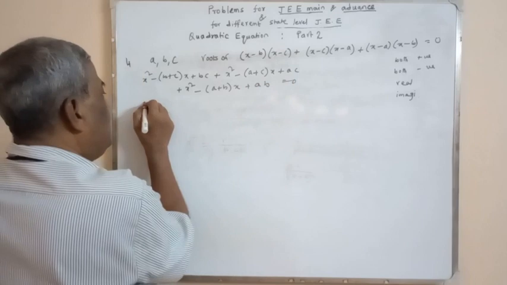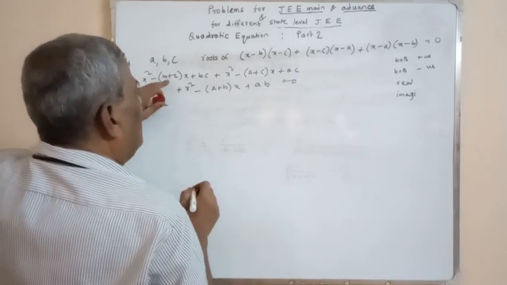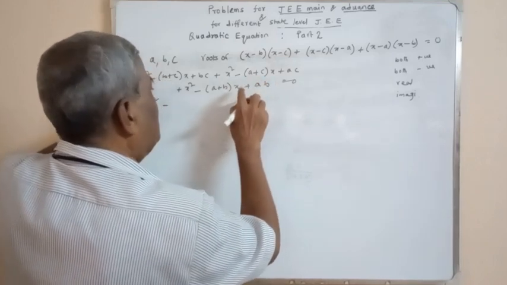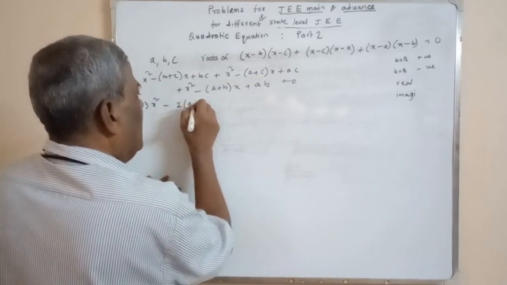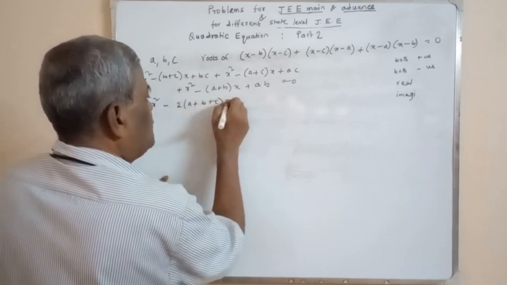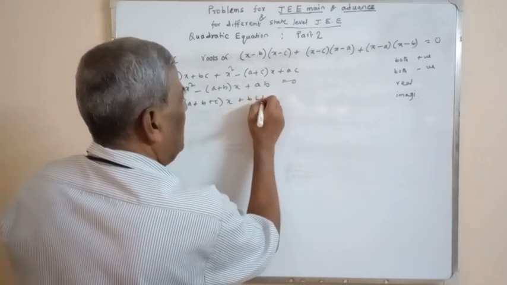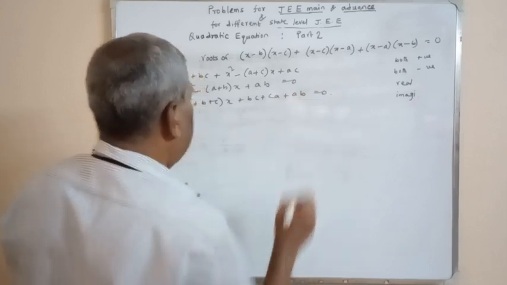So it is 3x square minus 2 times (a plus b plus c) into x, plus (bc plus ca plus ab), equal to 0.